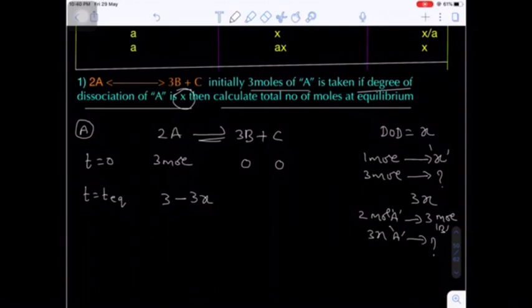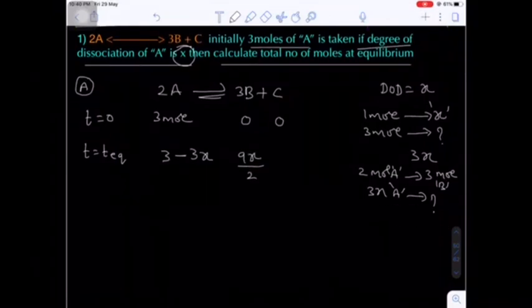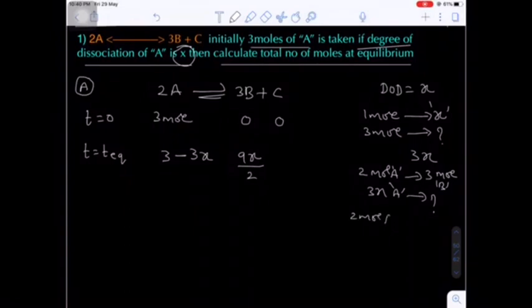Cross multiplication gives 9x by 2 moles of B. Now, 2 moles of A will give 1 mole of C. So 3x moles of A will give how many moles of C? By the unitary method, that is 3x by 2. These are the numbers of moles at equilibrium.